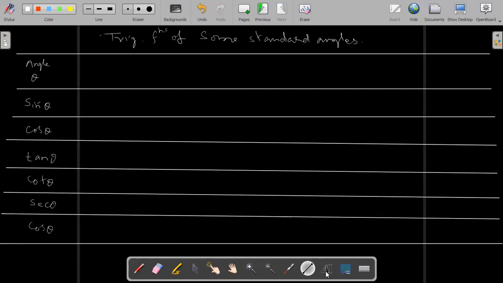Now with all the values we have to remember, you know that the starting is 0 degree. Then we have 30 degree.